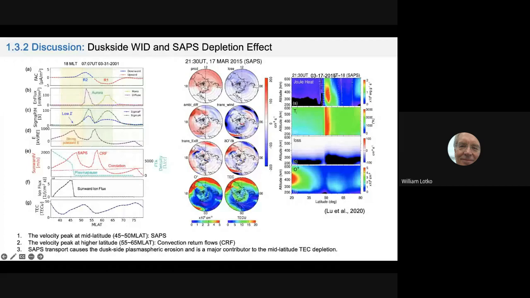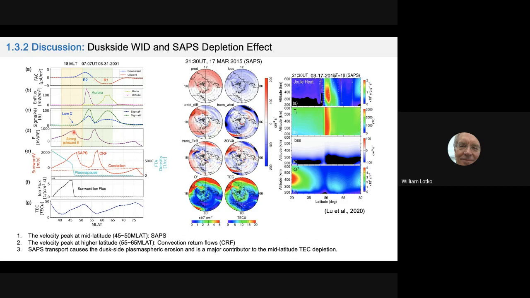Panel D and panel A, I was looking at those two together. And I see in panel D there's this strong poleward electric field, and that's presumably driving Pedersen currents in the ionosphere. And yet, what's feeding those Pedersen currents?